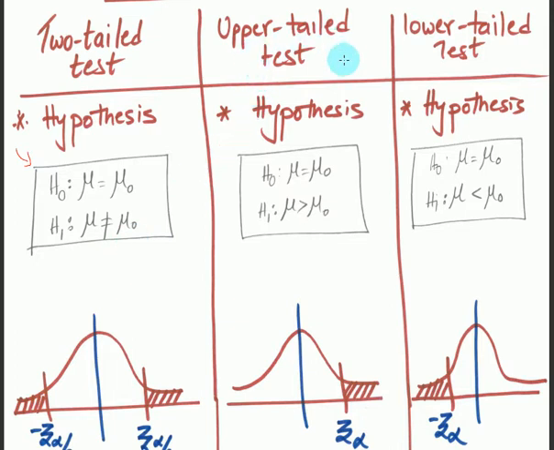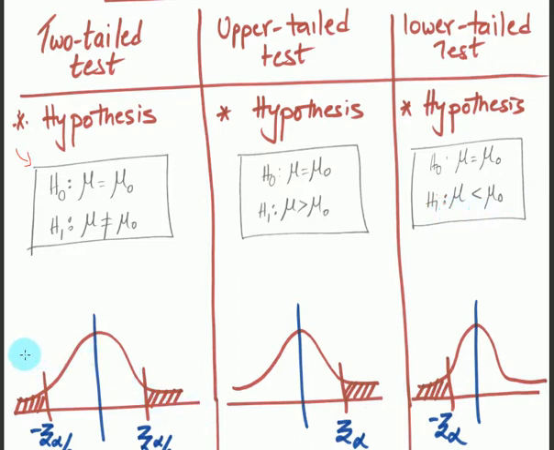For an upper tail test, or a right hand side test, we are looking at h naught mu equals mu naught and the alternative hypothesis mu is greater than mu naught. For a lower tail test, or a left hand test, we are doing h naught is mu equals mu naught and h1 is mu is less than mu naught.